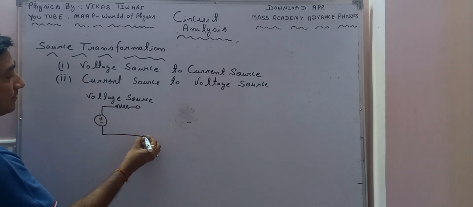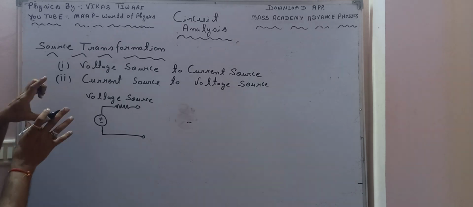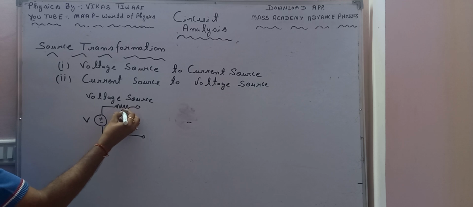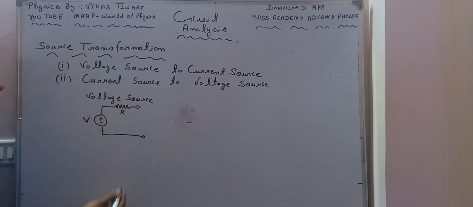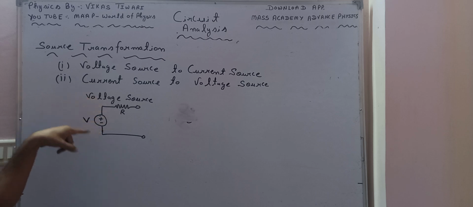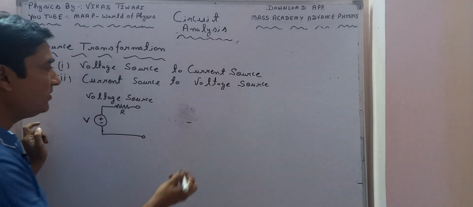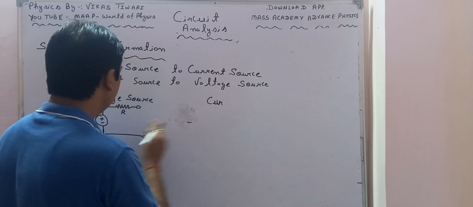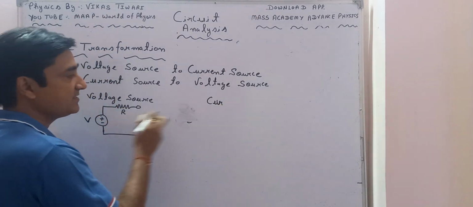This is the picture of a voltage source that we have to remember. If the value of the voltage source is V and the resistance is R, this is the picture of any voltage source, a voltage source and resistance in series.